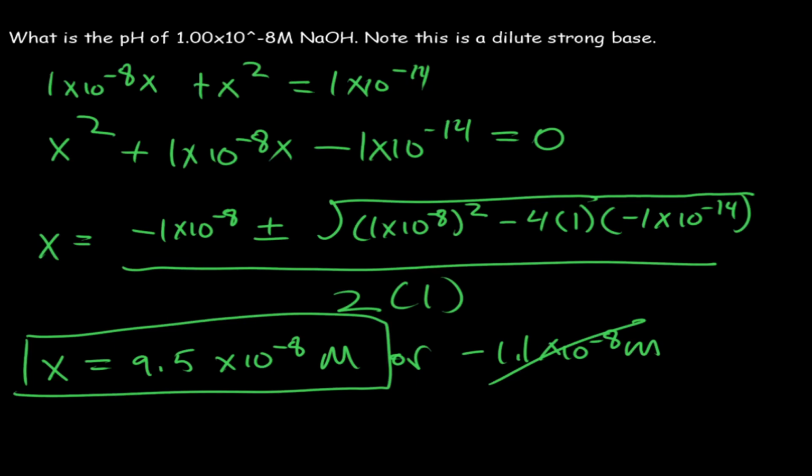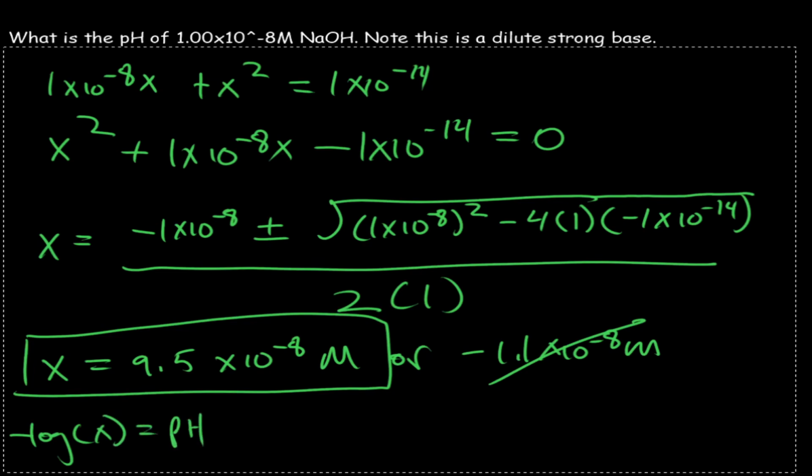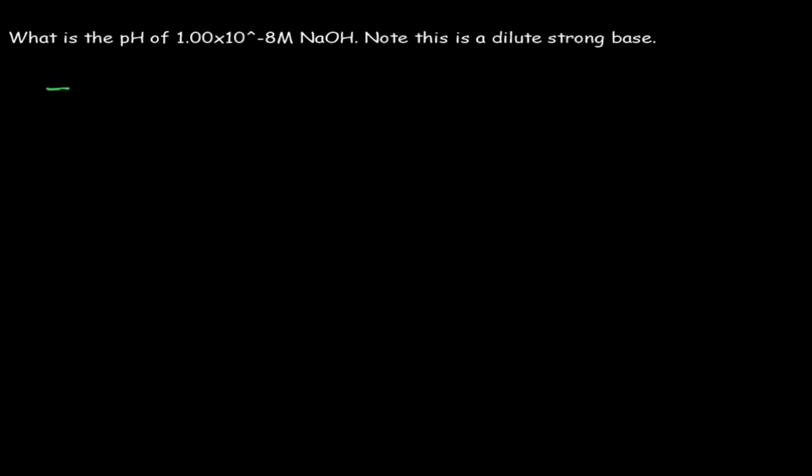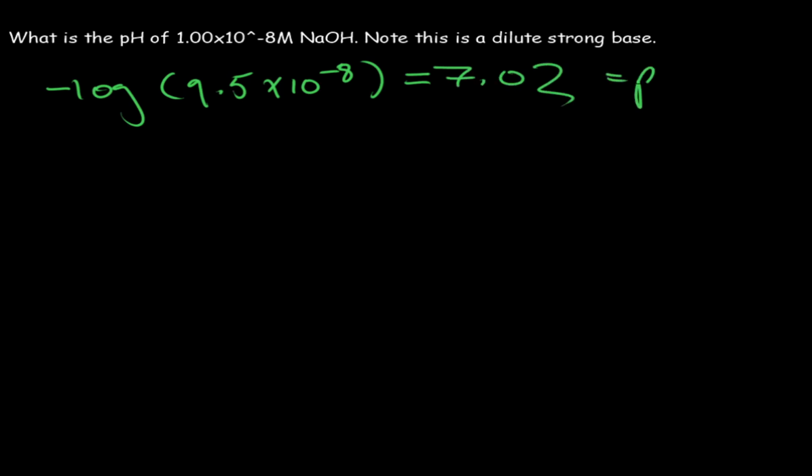So if we do the negative log of our x, we should be getting our pH. So the negative log of 9.5 times 10 to the negative 8th will give us a value of 7.02. And this will equal our pH because x was equal to the concentration of our protons.